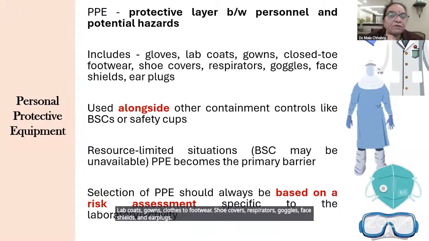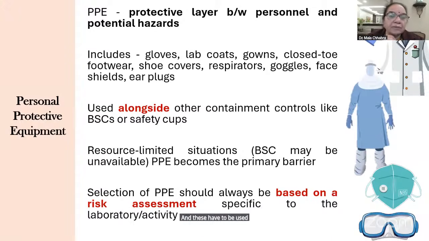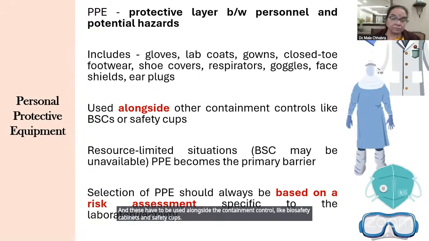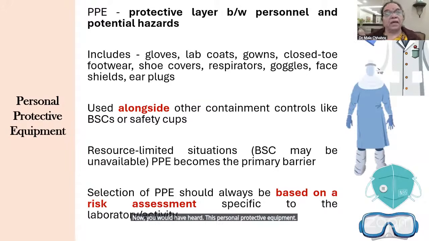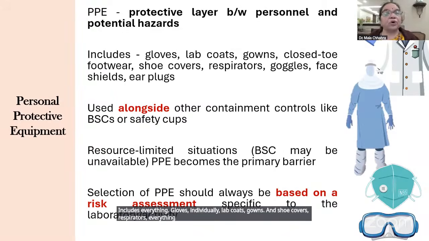And these have to be used alongside the containment control like biosafety cabinets and safety cups. Now, you would have heard this: personal protective equipment includes everything, gloves individually, lab coats, gowns, shoe covers, respirators, everything individually is called a personal protective equipment.